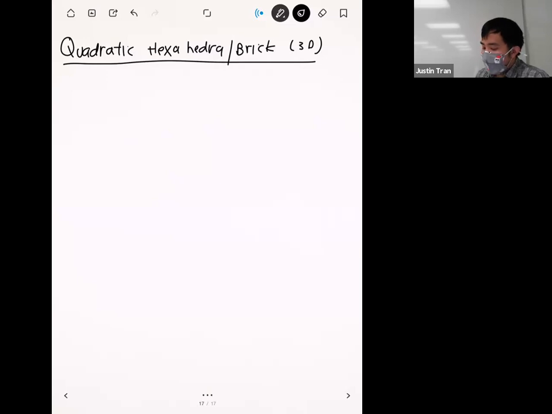That's true here too. If our linear hexahedra had 8 nodes, then multiplying that by 2.5 means our quadratic version is going to have 20 nodes. It's always quite an experience to draw. Of course, it's a lot harder here on the iPad than it is on the board, but I'll try my best.